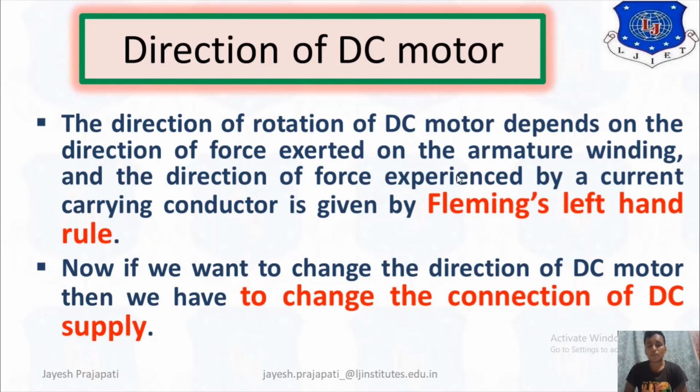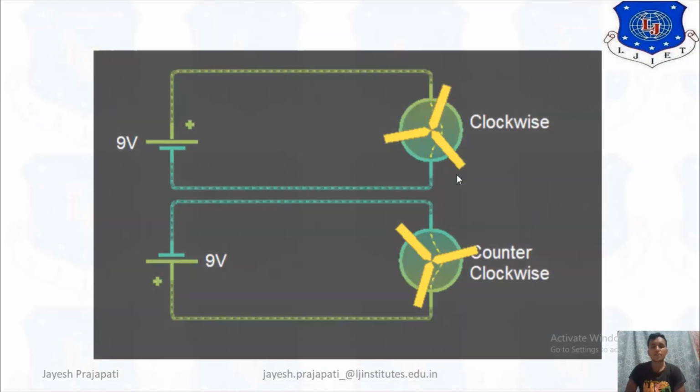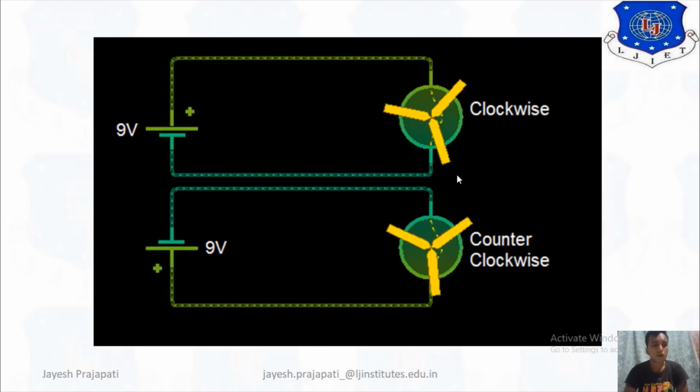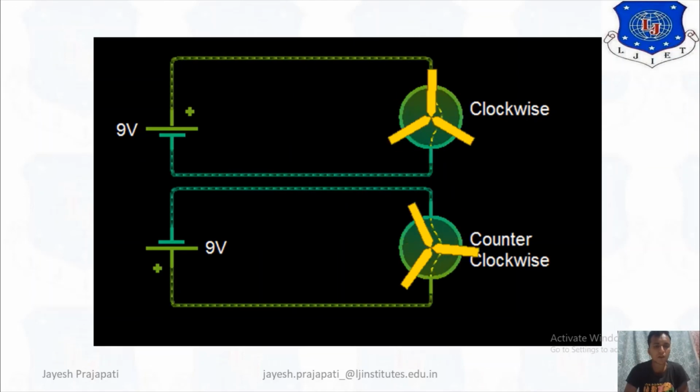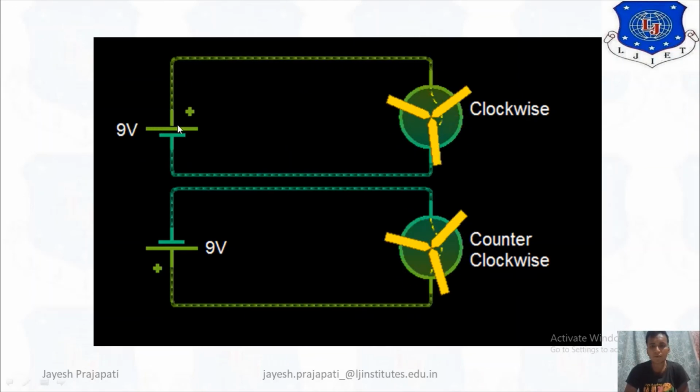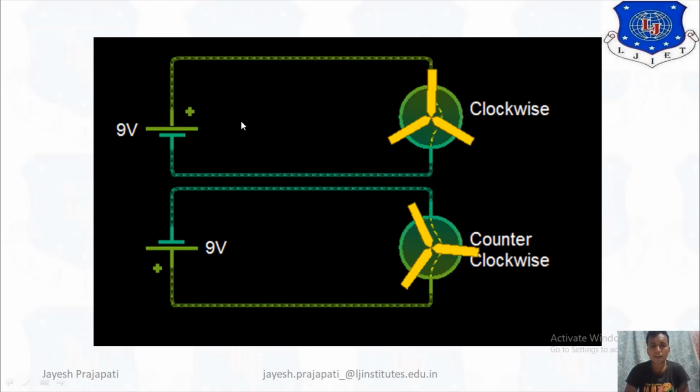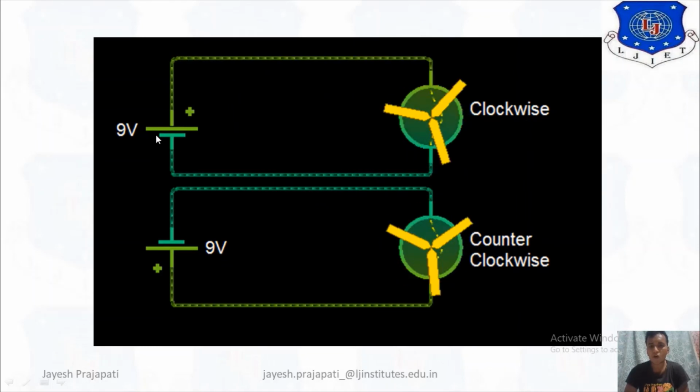But in the case of the DC motor, if we have to change the direction of the DC motor, then we have to change the DC supply connection. The DC supply has two terminals, positive and negative. So we have to replace positive with negative and negative with positive. If we see the animated view in this figure, here we have used a 9-volt battery, with positive and negative, so it rotates in the clockwise direction.